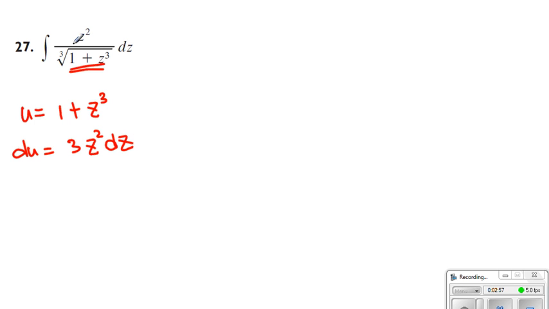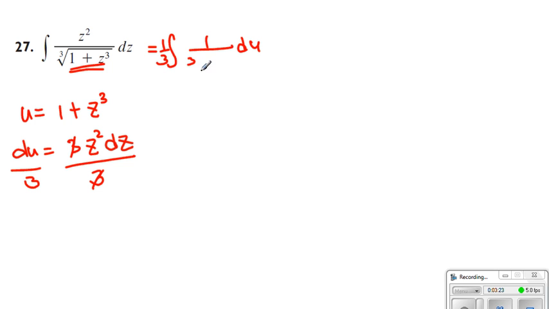Now as you can see, we don't have 3 in the front, so we can divide by 3 on both sides. And what we end up getting here is that z squared dz, these two things come together, becomes du over 3. So I'm going to simply put du and then 1/3 in the front.